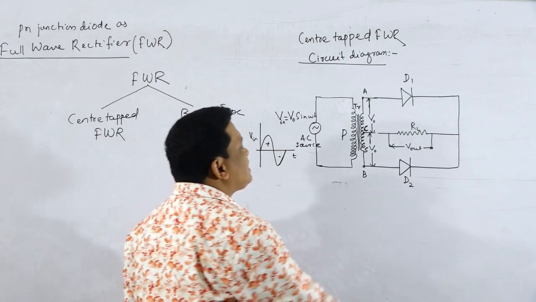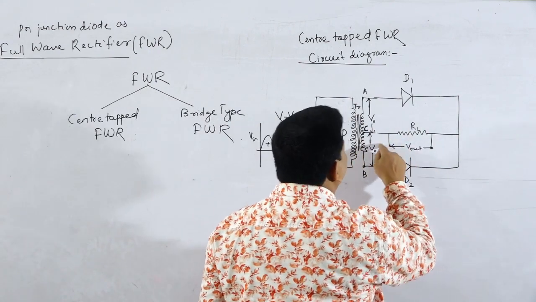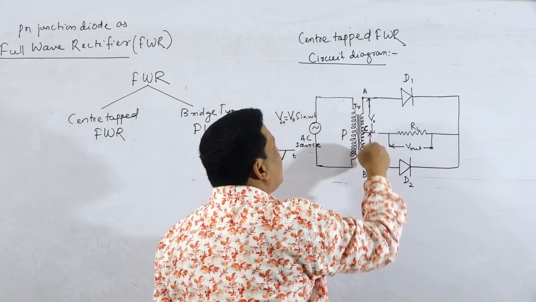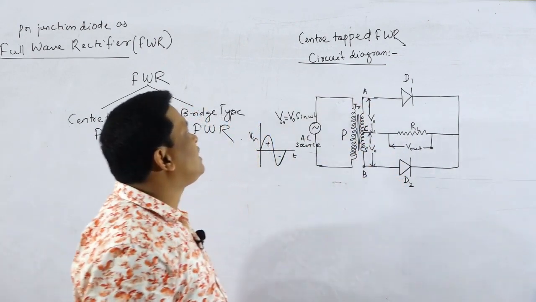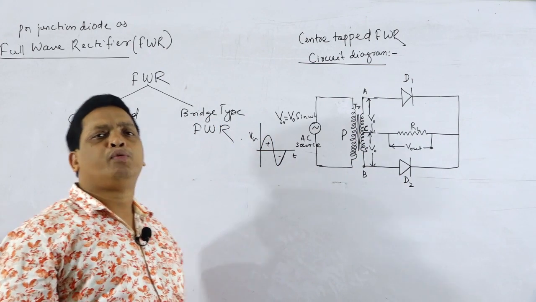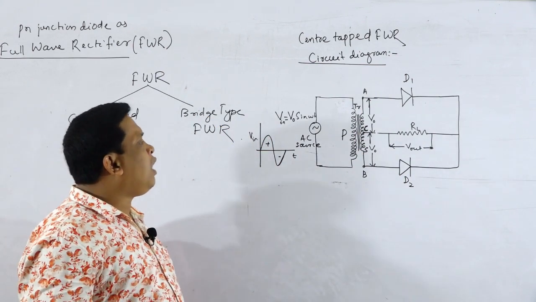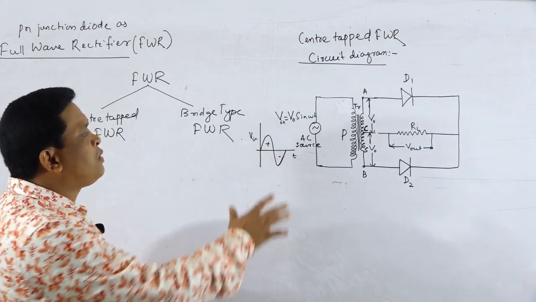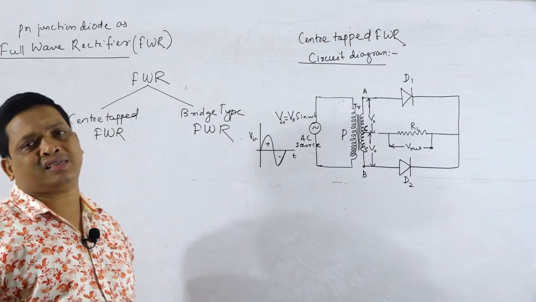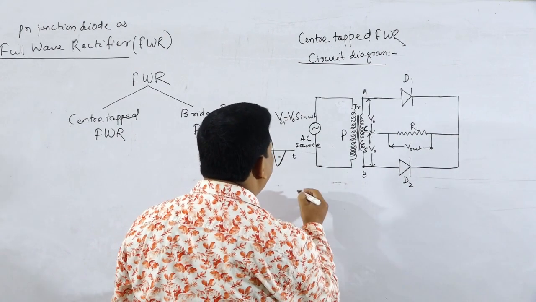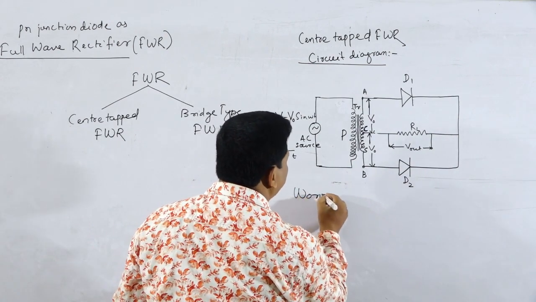The load resistance RL is connected to the center position C of the secondary winding of the transformer. So its name is center tapped full wave rectifier. Now let us see how this rectifier circuit works. Working of center tapped full wave rectifier.